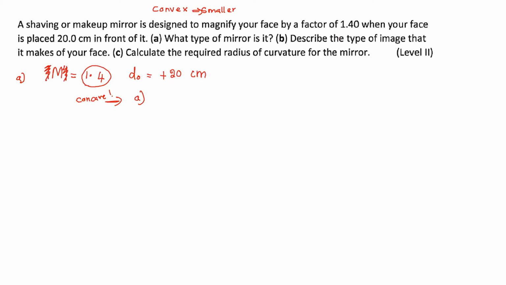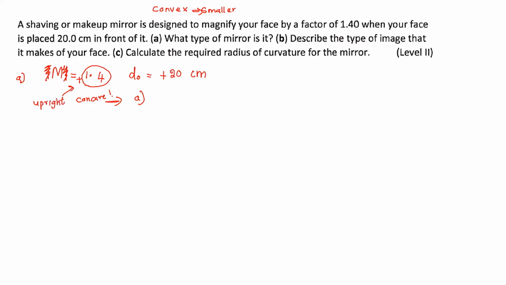So also we know shaving mirrors produce upright images, right? If we think about it, it's not going to turn your face upside down. So that means this is a positive 1.4, upright.